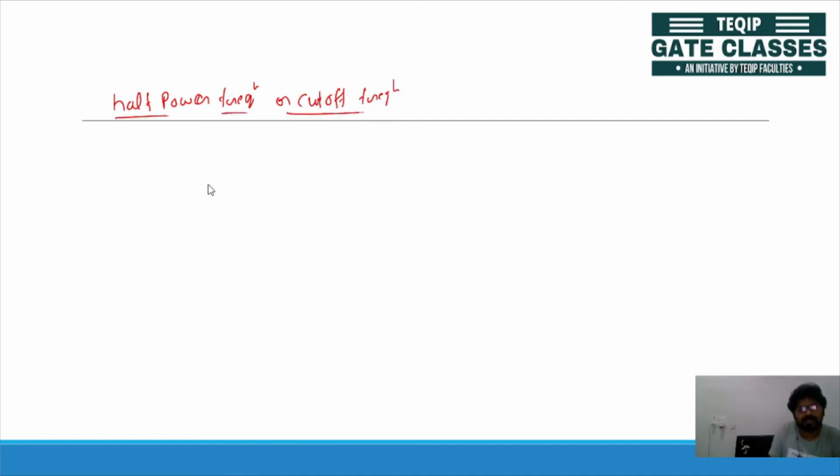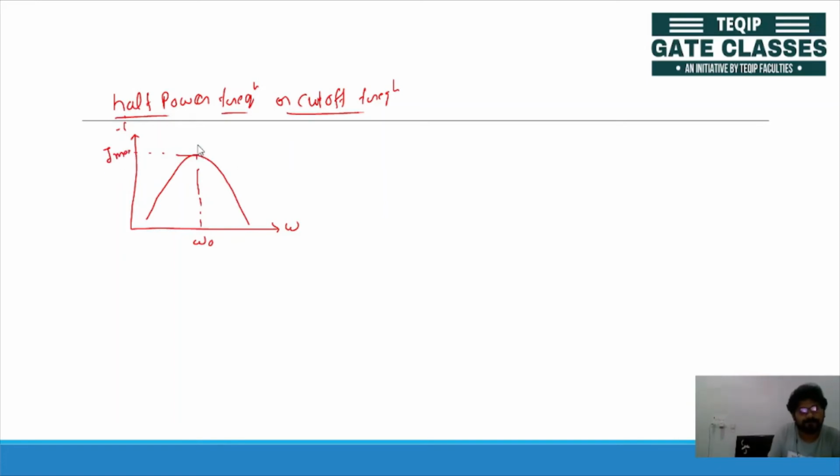As the name suggests, if you draw the diagram again, this is your I versus omega. At a particular frequency, that is omega naught, the resonating frequency, you will get I max.